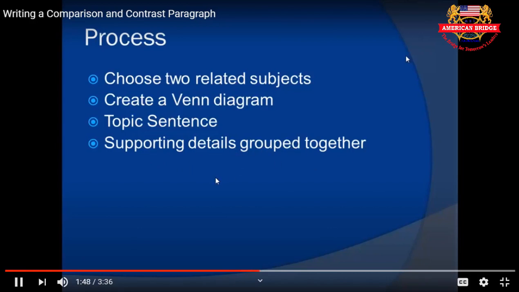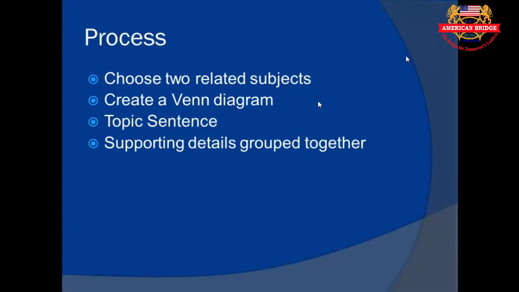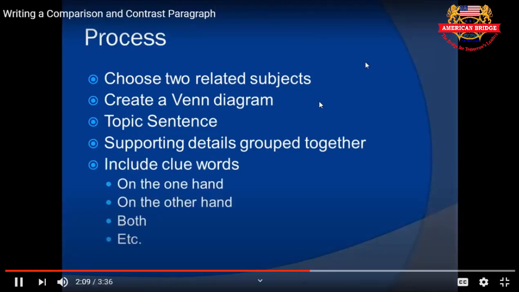So for instance, maybe you want to start your paragraph with how your two subjects are the same, and then you want to say how they're different. Or maybe you want to say how they're different first and then how they're the same. But make sure that you group them together. Don't jump around all over the place, because your reader will have a hard time following your writing. It also helps your reader if you include clue words, so phrases like on the one hand or on the other hand. That shows differences. A word like both shows a similar.